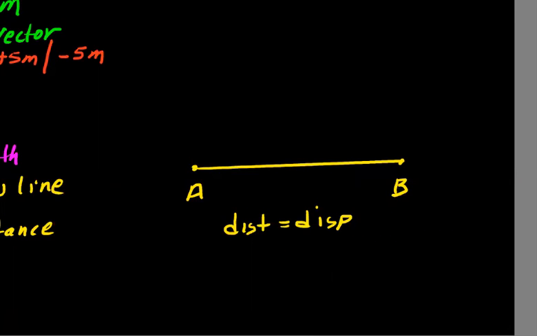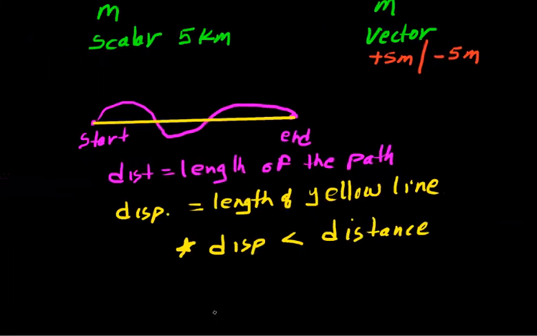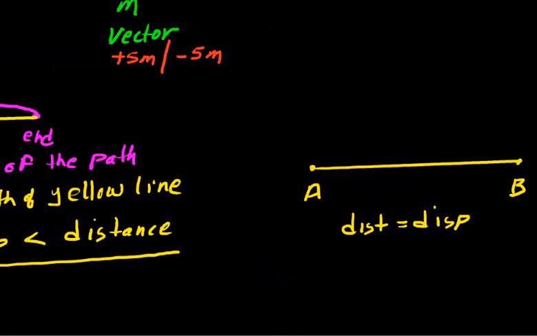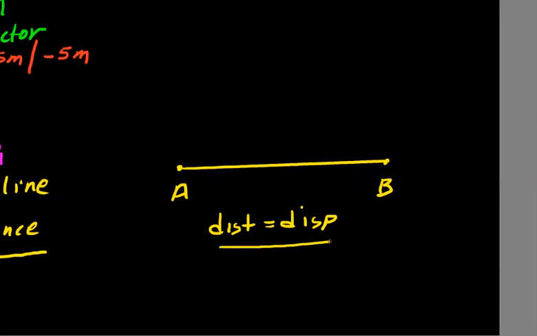So this proves our next point, that displacement will always be smaller than distance, or distance will always be equal to displacement. It will never happen that displacement is greater than distance. This scenario will never happen.